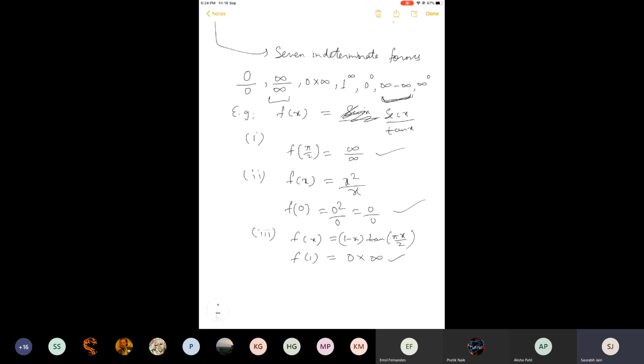See, in this particular case, the first one, when we put pi by 2, it is sec pi by 2, infinity, and in the denominator we have tan pi by 2, this is also infinity. This concept of infinity is weird in itself because sometimes we are using it as a number.